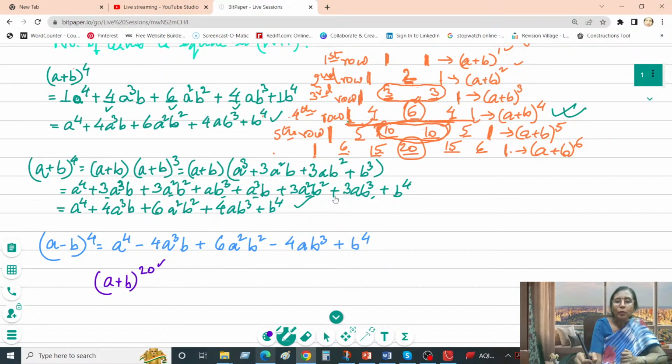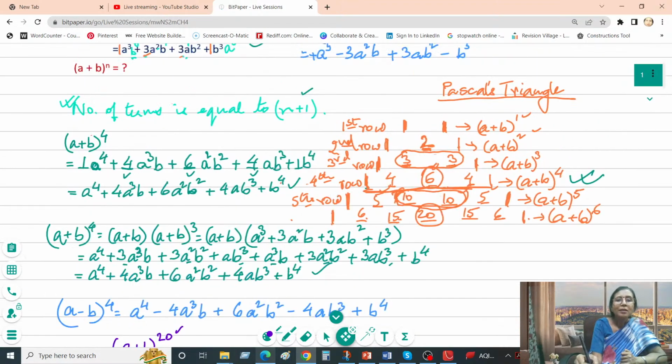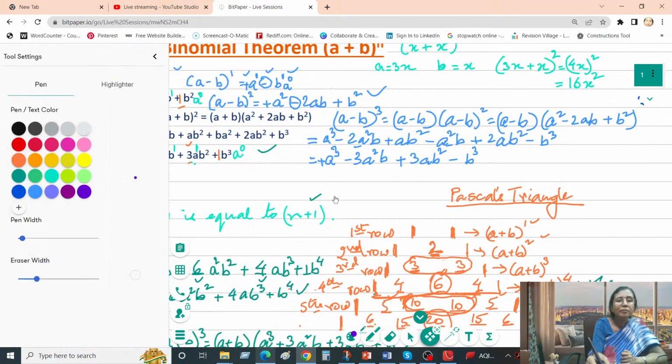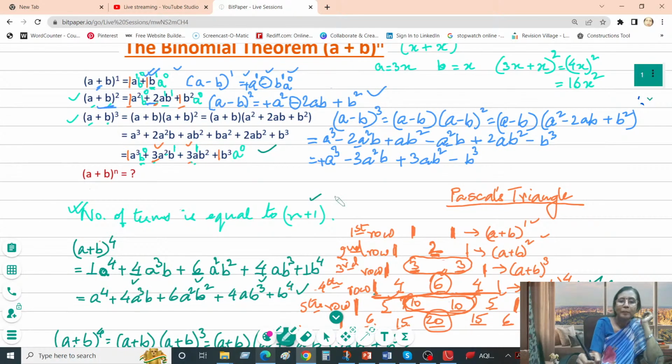For getting the coefficients, you have to remember one thing. This is the first term, this is the second term, this is the usual way of calculation, right?